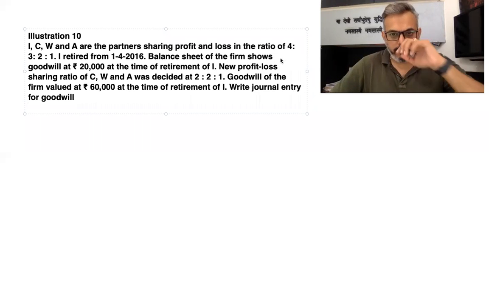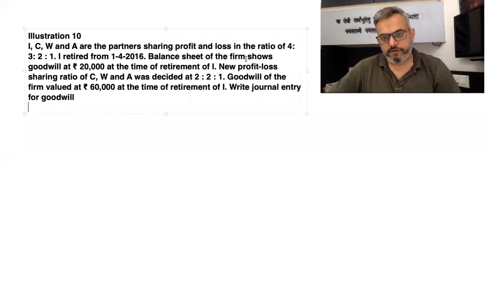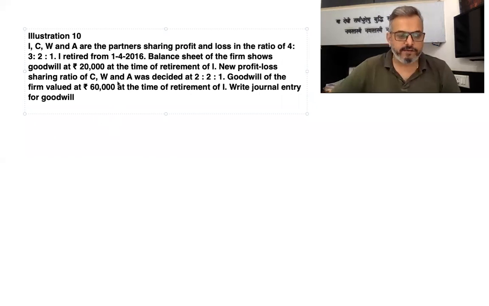Okay, now you can see the illustration in front of you. I'm solving the illustration because exercise sums I've already solved in my recorded video lectures, which are already there on the app. So now let's read the sum.